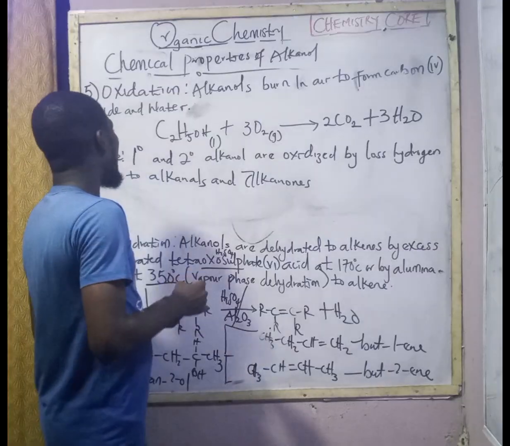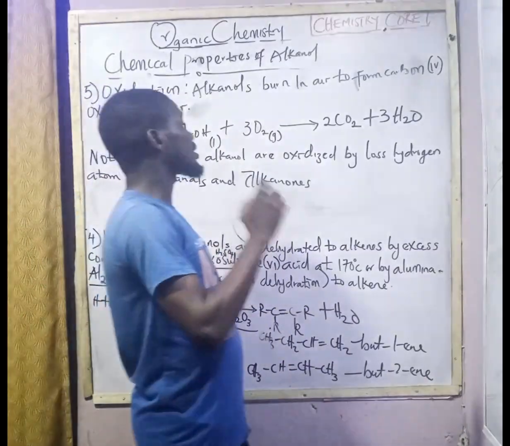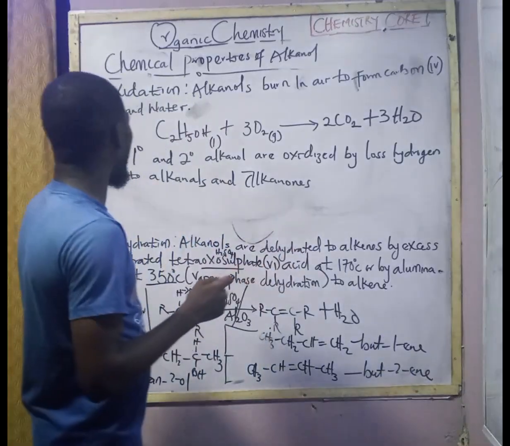Alkanal and what? Alkanone. Take note. Primary and secondary alkanols are oxidized by loss of hydrogen atom to alkanals and alkanones.